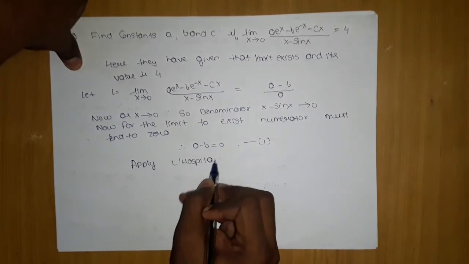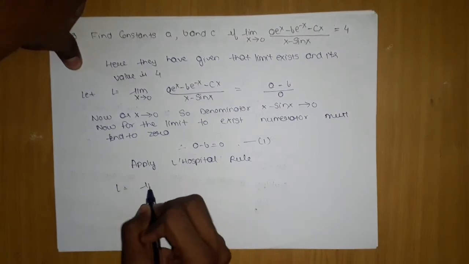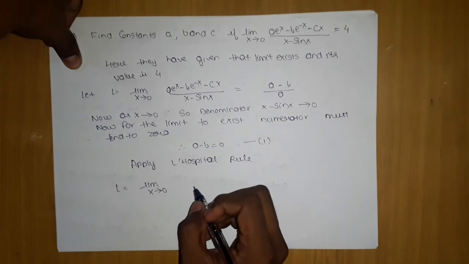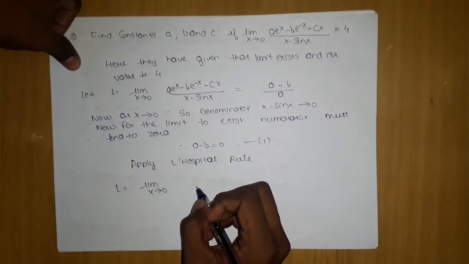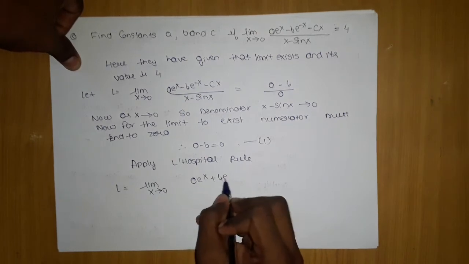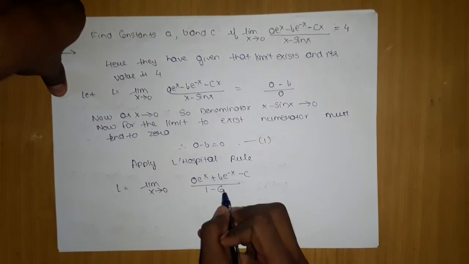If I apply L'Hopital's rule, L equals the limit as x tends to 0 of (a e^x plus b e^(-x) minus c) divided by (1 minus cos x).